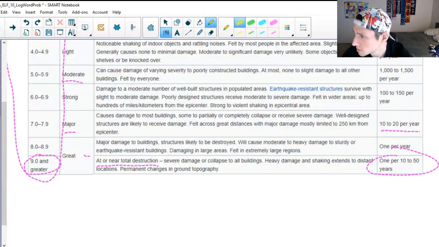Let's see. What is the largest earthquake rating in history? I used to know this when I taught this last year. I remember looking this up. So there's actually never even been one that we've measured to be a 10.1.